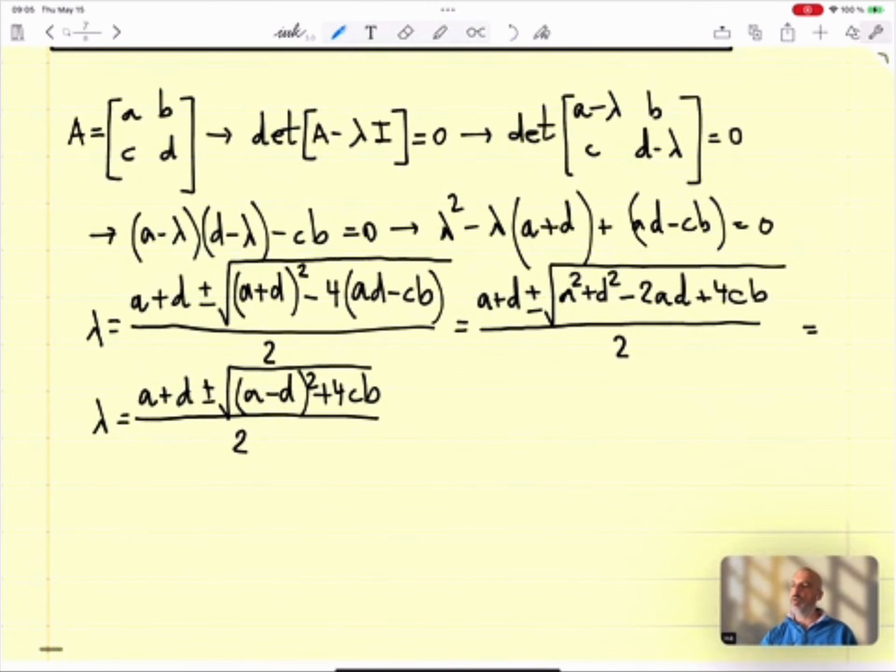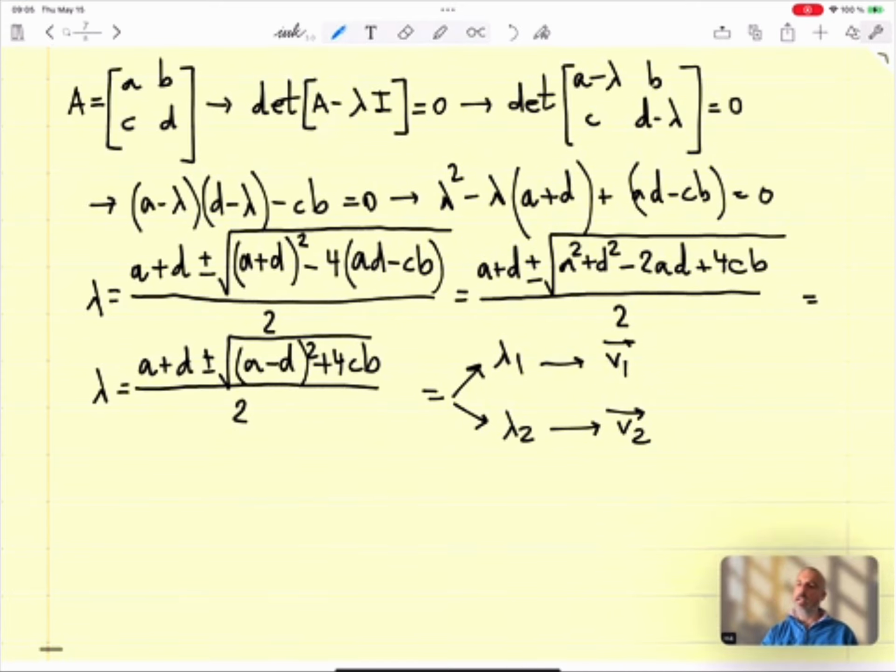This is the general equation. From here, depending on the values, we can obtain lambda 1, V1, just like we did in the past, lambda 2, V2, plug it into the equation above, and obtain the solution. Let's make some examples.